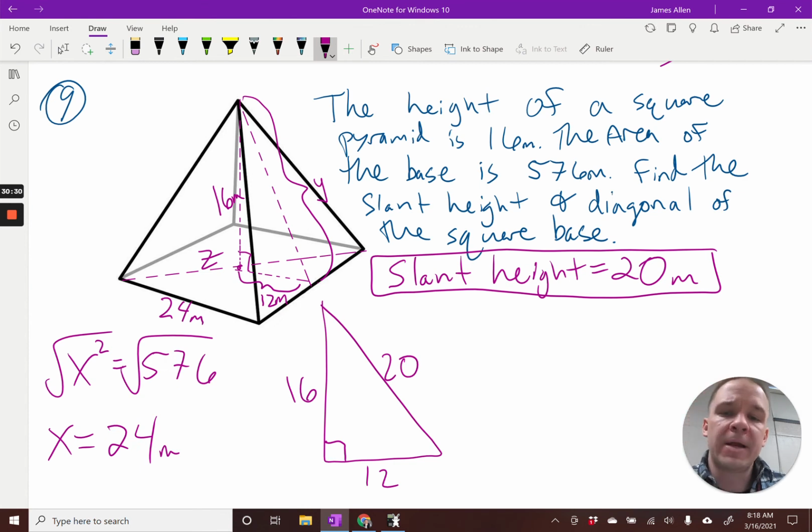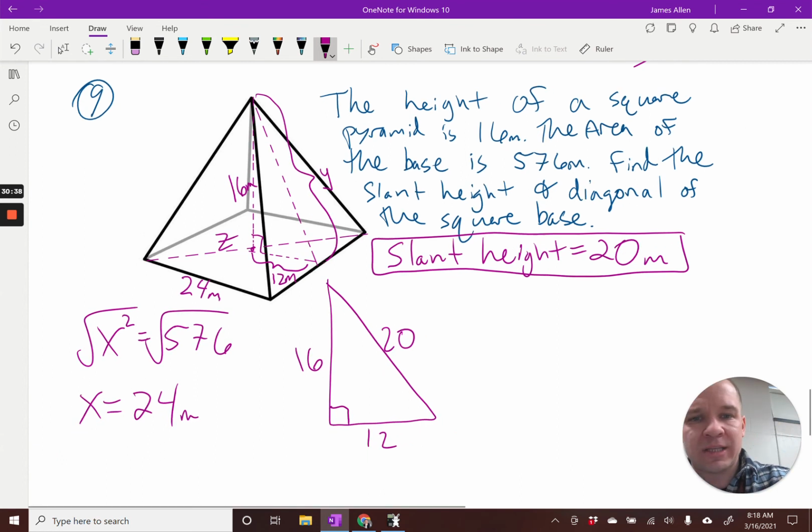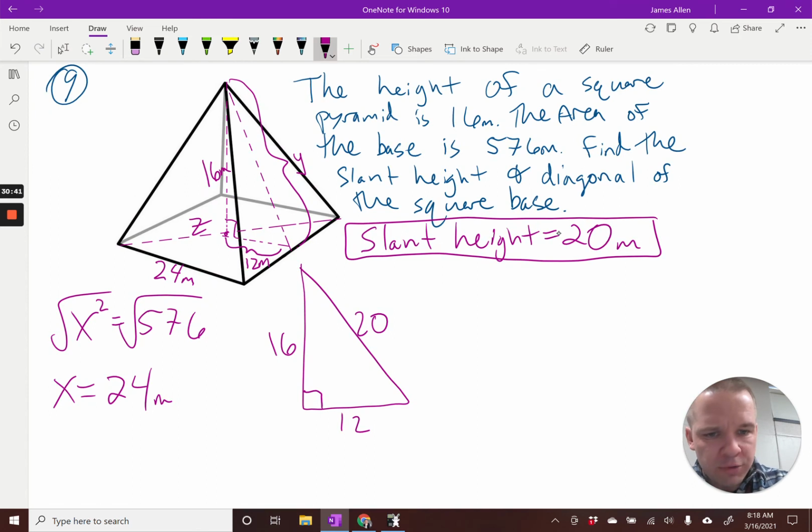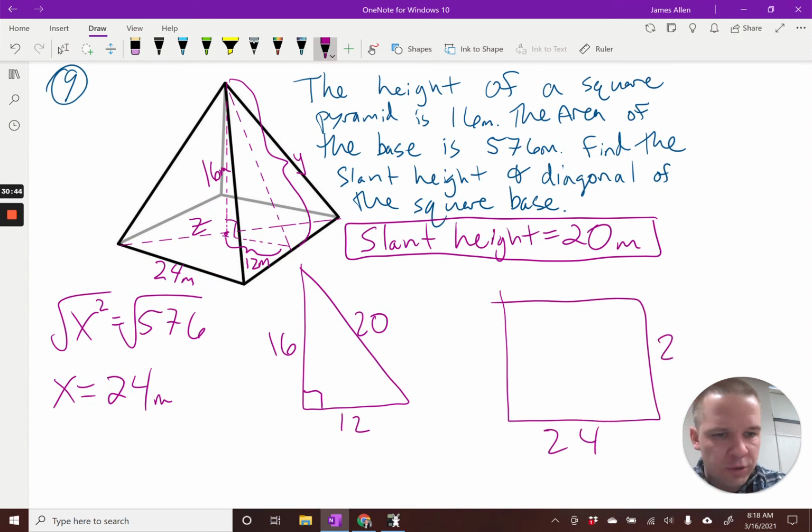All right. Next one, the diagonal, Z. We did say this was a square base, right? But it looks kind of messed up when it's in 3D, right? Because we're trying to get some dimension to it. So if I redraw this square base just like this with 24 and 24, and I draw that diagonal in, this is a right angle here because it's a square. Do you know what we know about diagonals of a square? They bisect the angles. And if these angles are right angles, then bisecting that gives me 45 and 45.